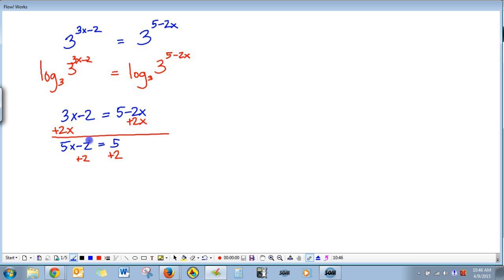And we get 5x equals 7. Divide both sides by 5. And we get x equals 7/5. So that's how we would solve for x in that case.